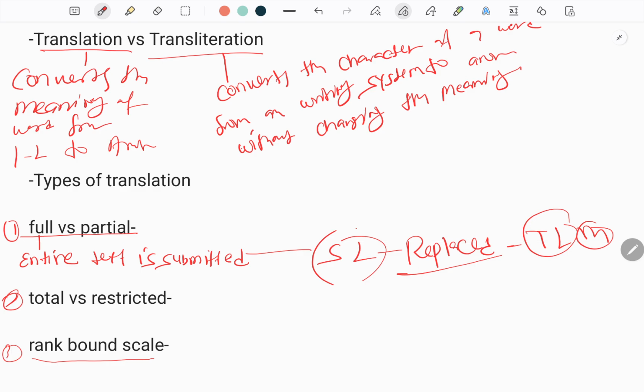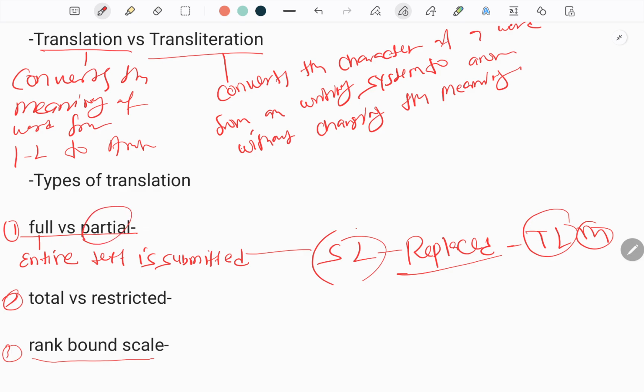While in a partial translation, some parts of the source language text are left untranslated, and all the other parts are translated into the other form. That is known as partial translation.